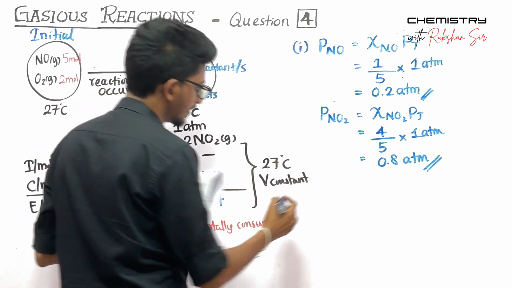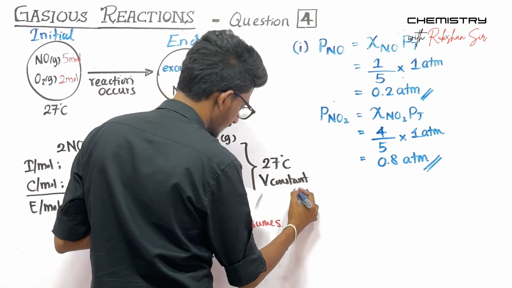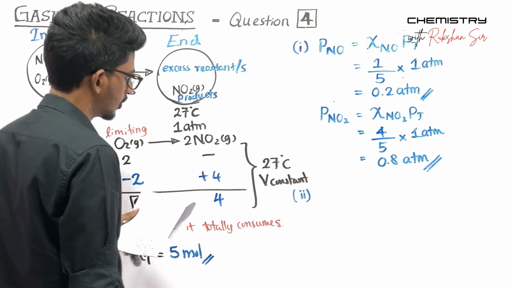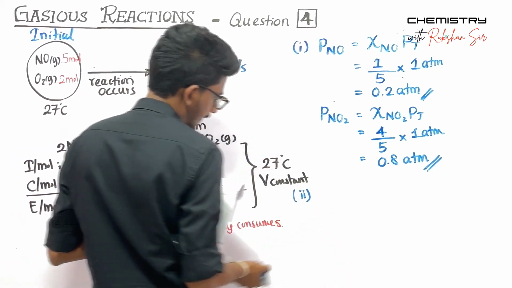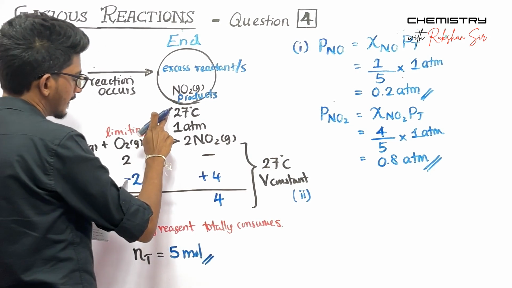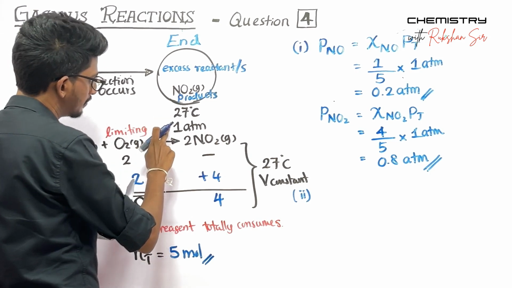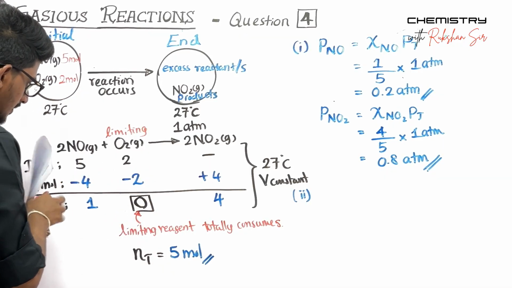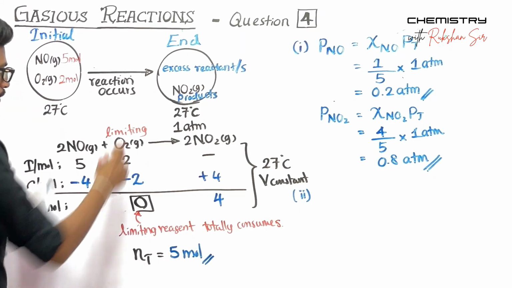The final thing they are asking is the volume of the vessel. So we can use PV equals nRT to come up with the volume, because you know the T, you know the P, as well as you know the total number of moles.